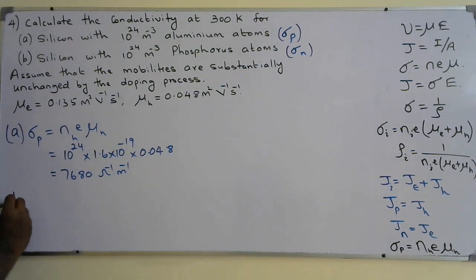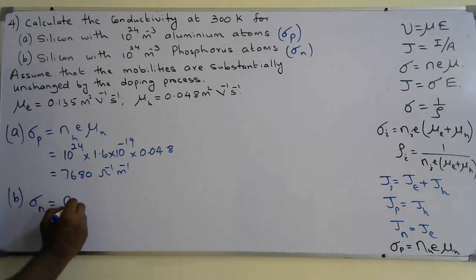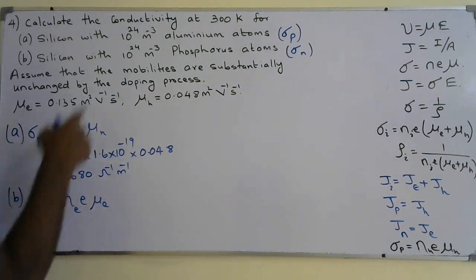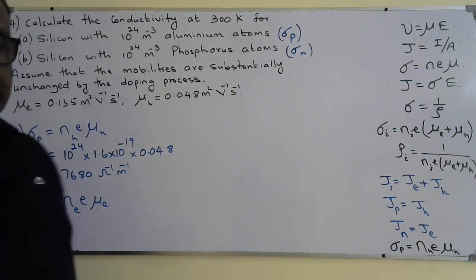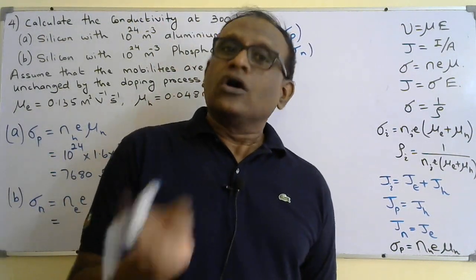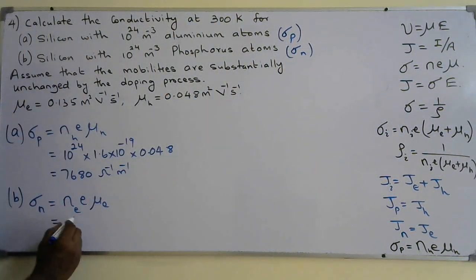Then the B part, for the n-type semiconductor, is going to be n electron E mu electron. That is the same as here: 10 to the power 24 phosphorus atoms are doped. One phosphorus atom will provide one conduction electron, so that is 10 to the power 24 per meter cube.